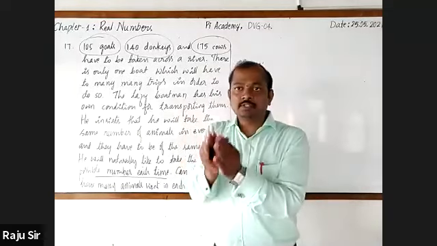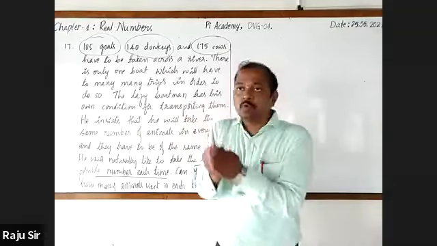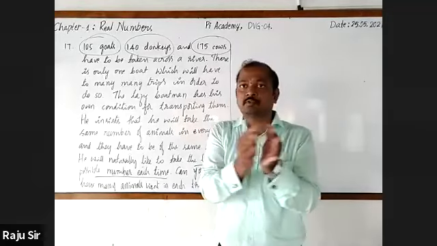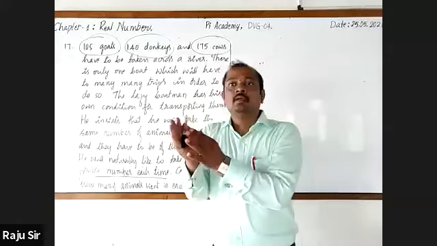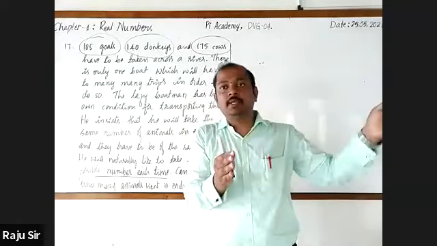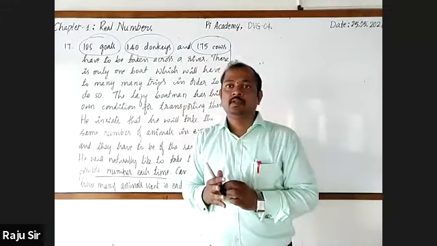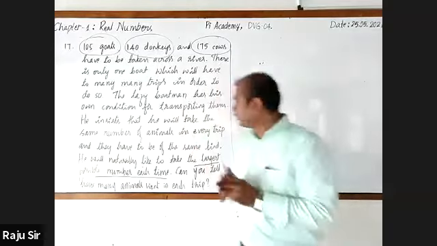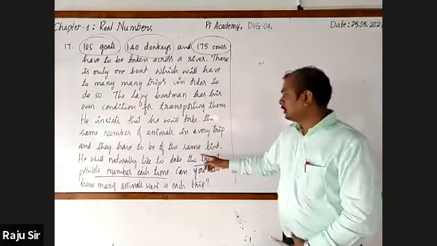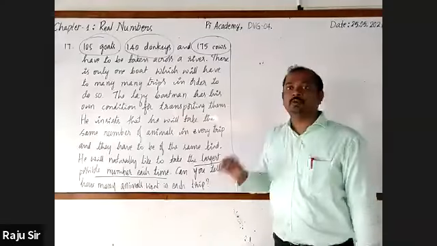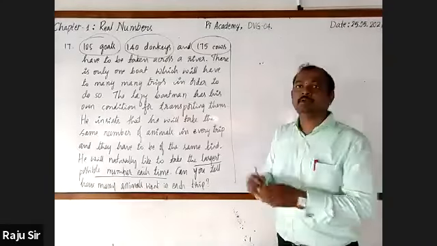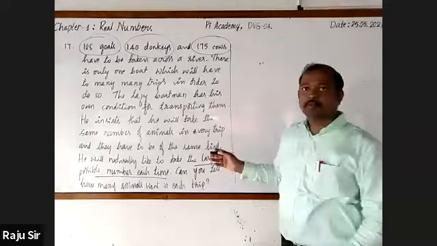In each trip, whatever the number of goats, donkeys, and cows are to be taken, the same number will be continued in all the trips. Then the question is, can you tell how many animals went in each trip? In one trip, how many animals were transported?